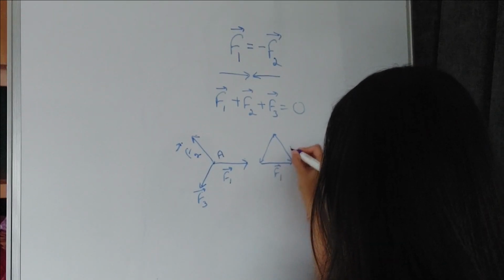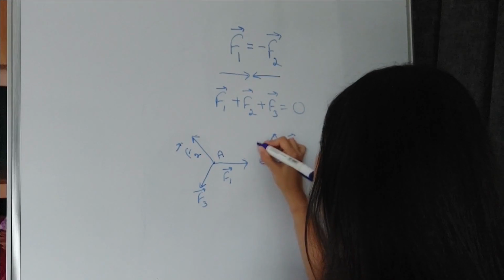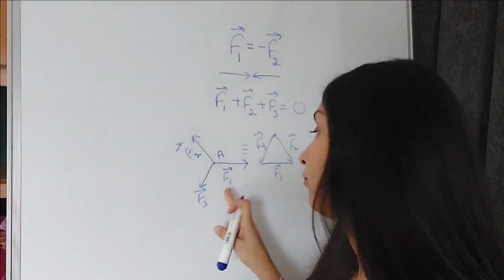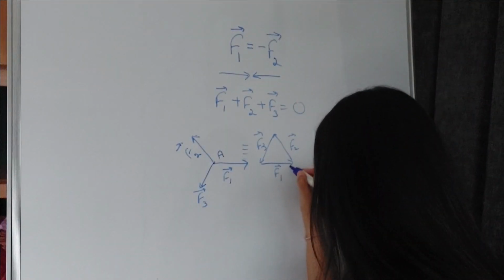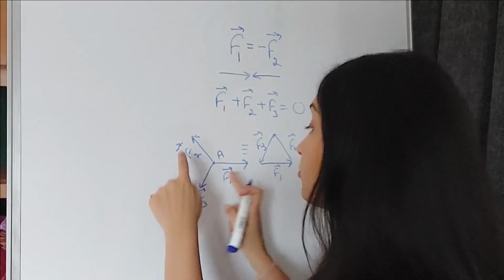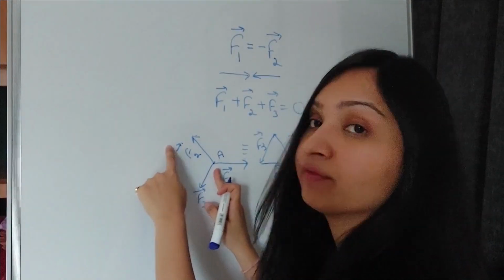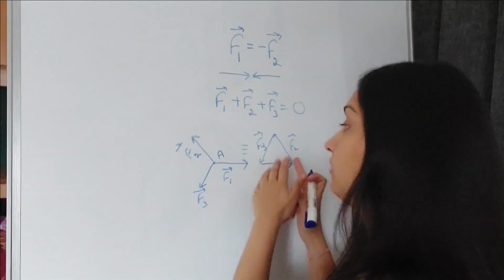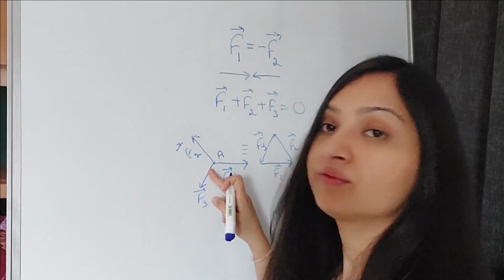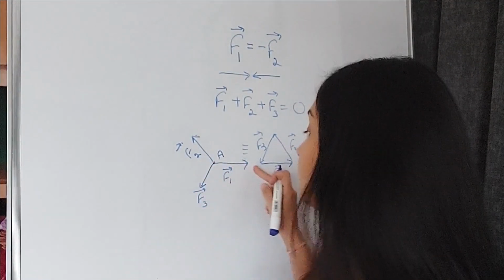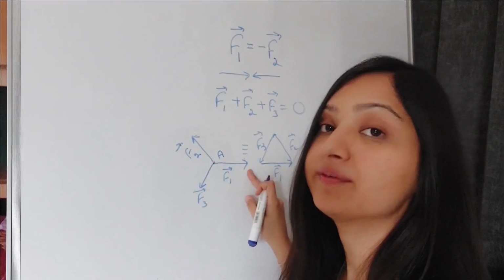F1, F2 and F3. From this to this. You can check the direction of my arrows. I have translated this force F2 parallel to itself so that it comes to a position here. The tail of force F2 coincides with the head of force F1.